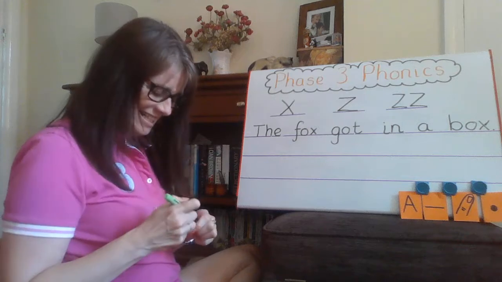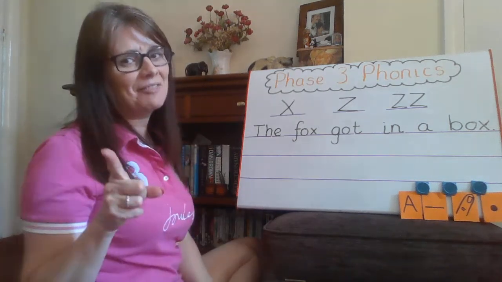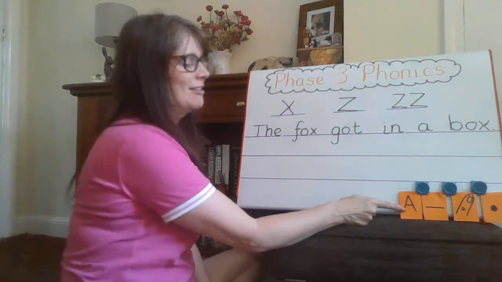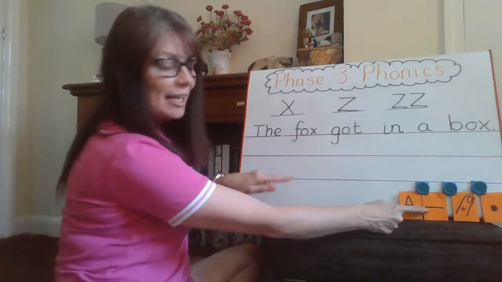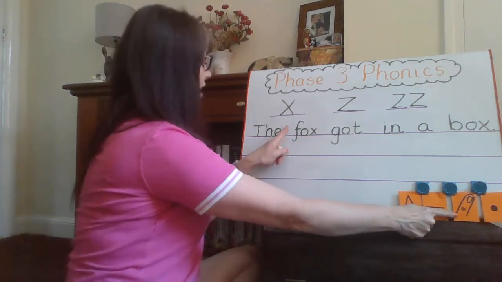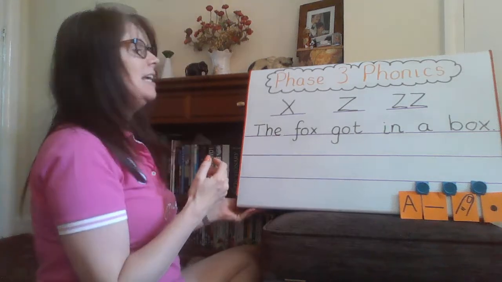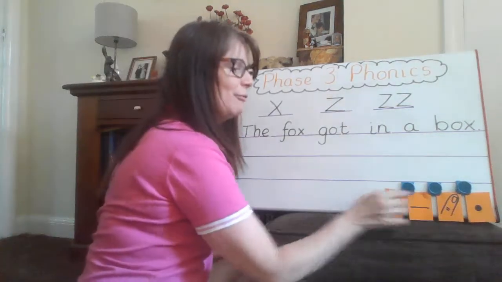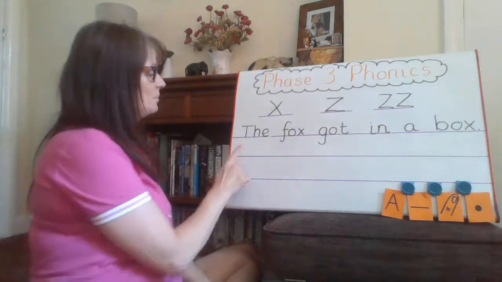There's my sentence. Now, when I've written a sentence, I have to have the sentence rule. I have to start it with a capital letter. I have to have my writing on the line. I have to have finger spaces between every word, otherwise you can't read it, and it has to end with a full stop. See if you can read it now.